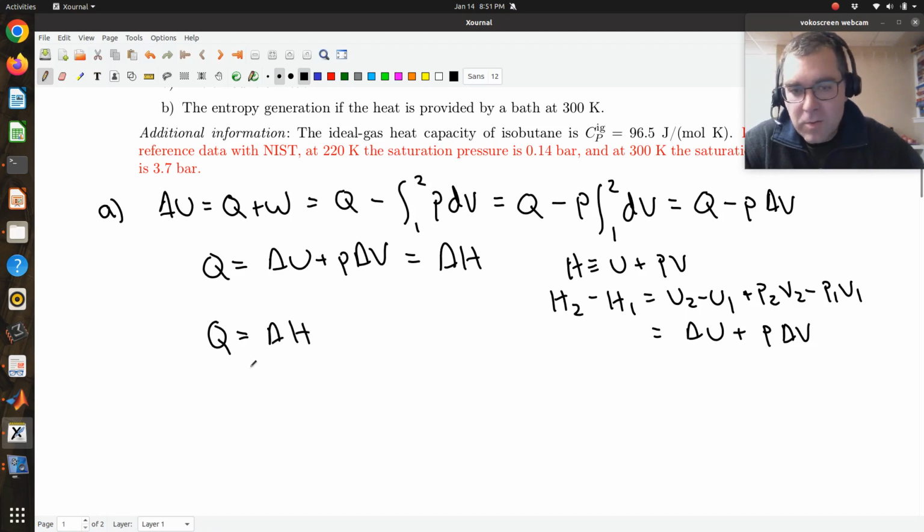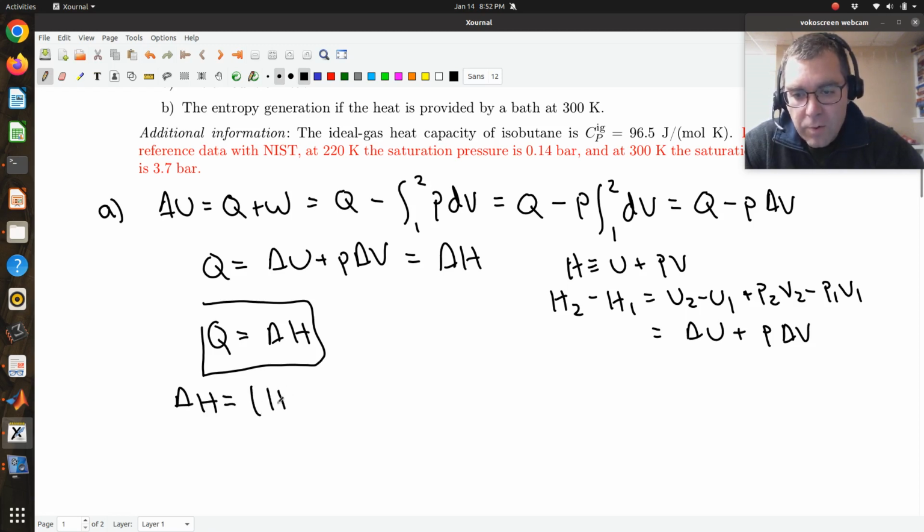So now in terms of calculating delta H, let me box this in. How we tackle this in the context of chapter 5 is, delta H is equal to H2 minus H1.